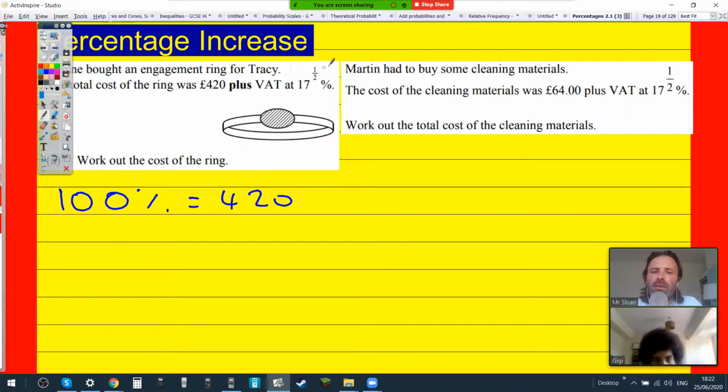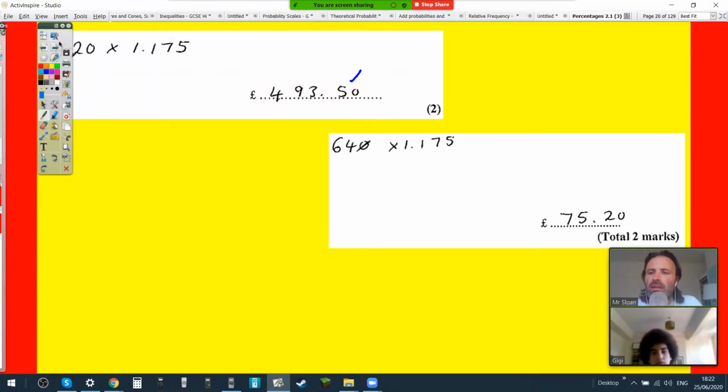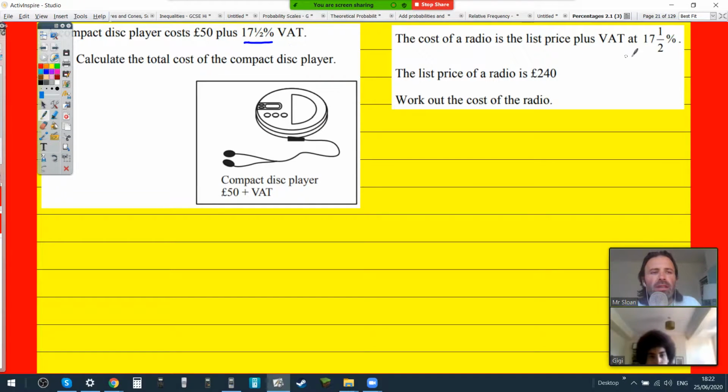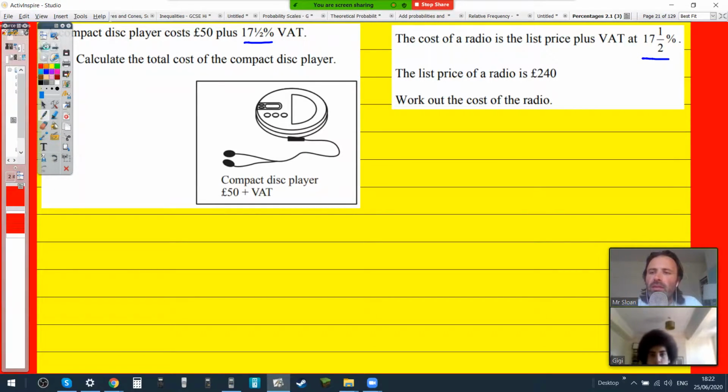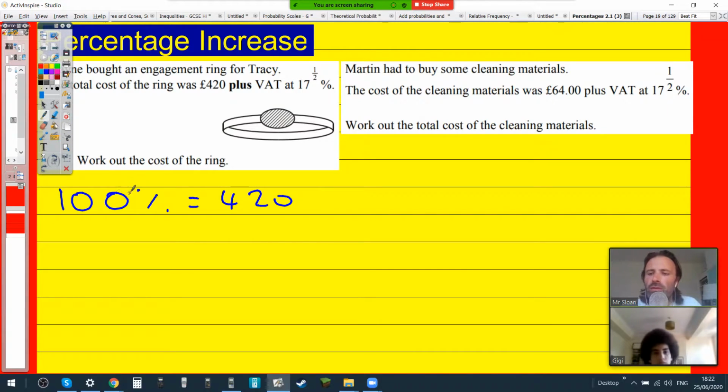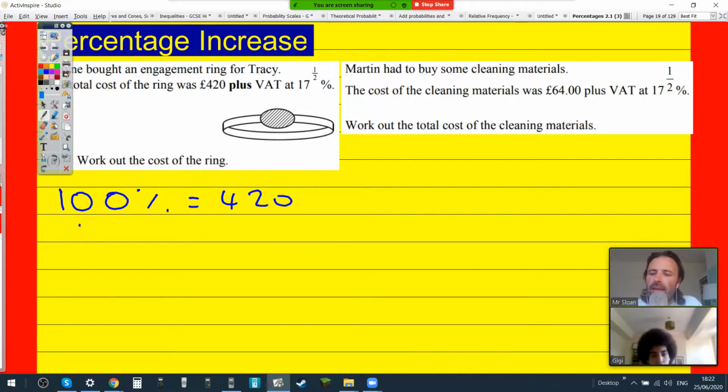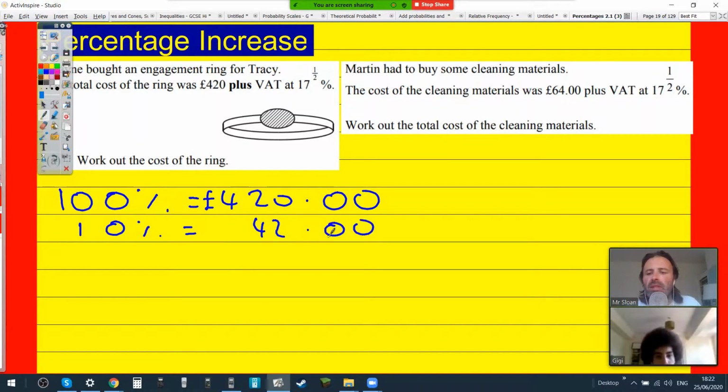Okay, so these are all exam questions. Take a look. 17.5%, 17.5%, and there it is again. Very common exam question. I shall show you a trick. 10% is 42. What is 5%? 21.